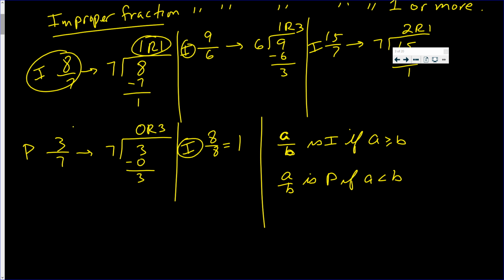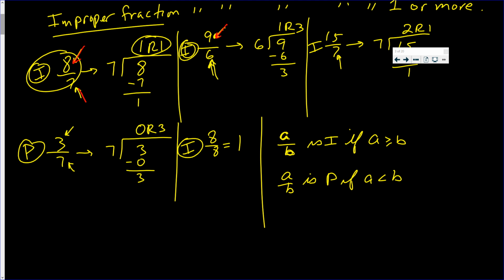You can just look. 3 is less than 7, proper. 8 is at least as big as 7, improper. 9 is bigger than 6, improper. Let me go through these again.